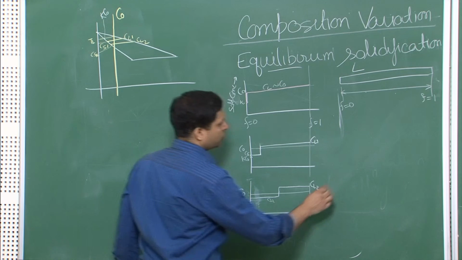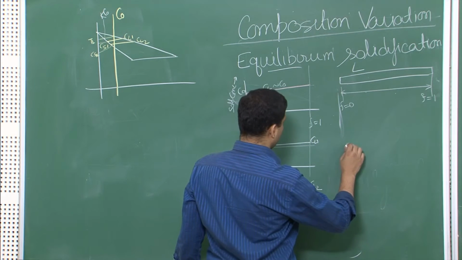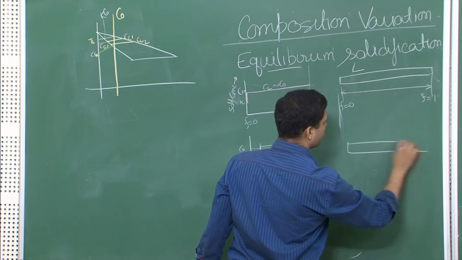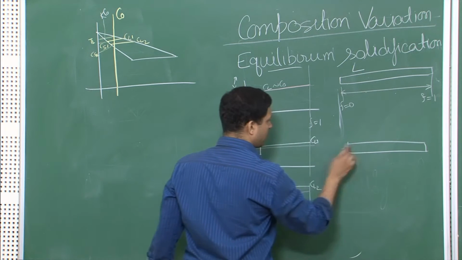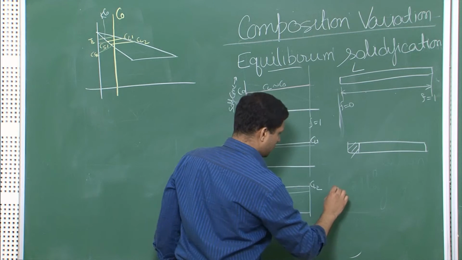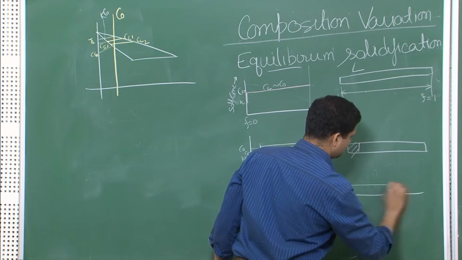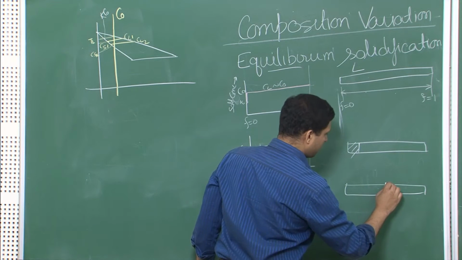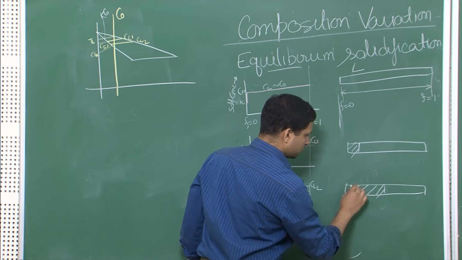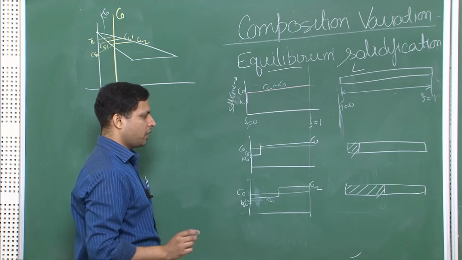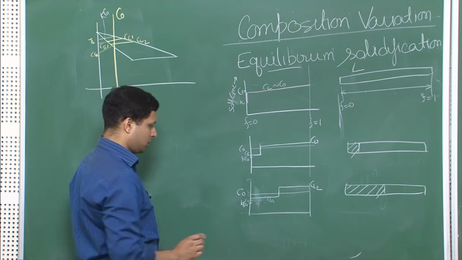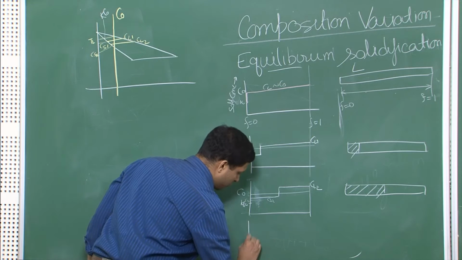And if you keep going, here is the length that has solidified, let us say some close to 50%. Schematically we are not giving it a number yet, we are not doing it in a quantitative way.